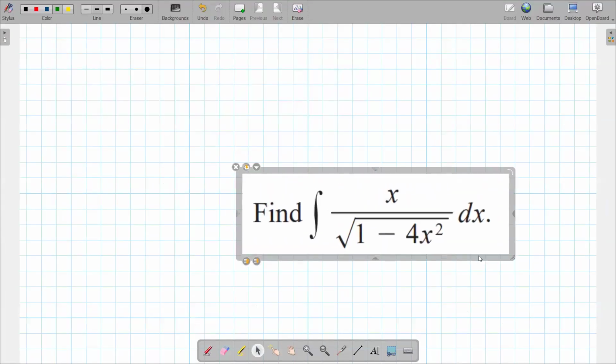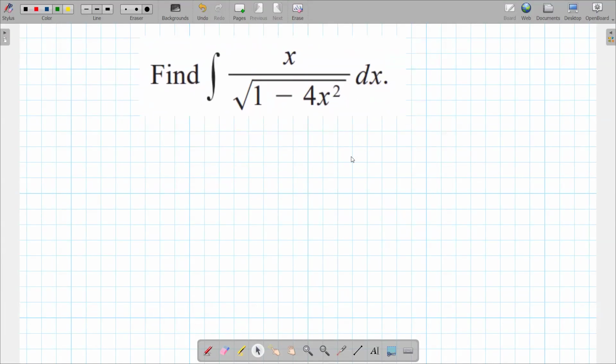Okay, what's the approach here? Is this a u substitution question or no? It is.